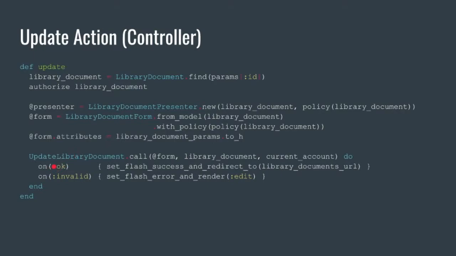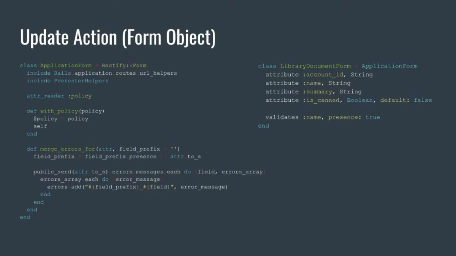Then this is pretty straightforward. If it's successful, it's going to execute this block, and if it's not, it's going to do this. These methods are just something I defined on the application controller for generic error messages and success messages. And so here's an example of the form object.